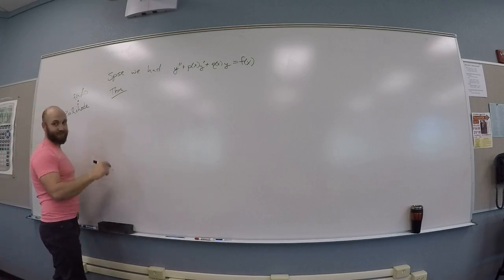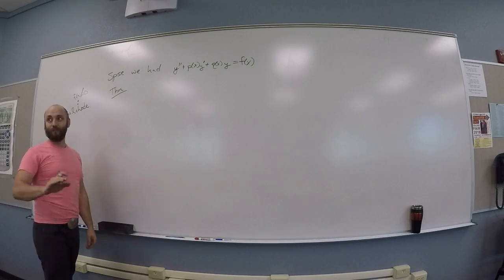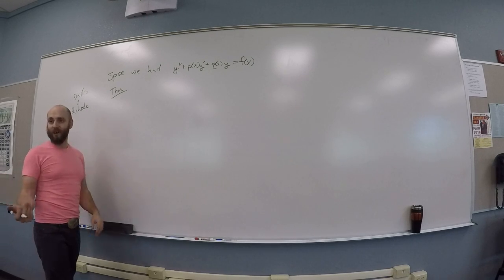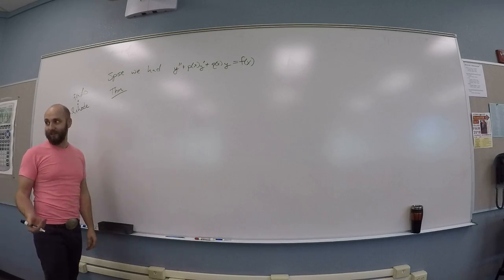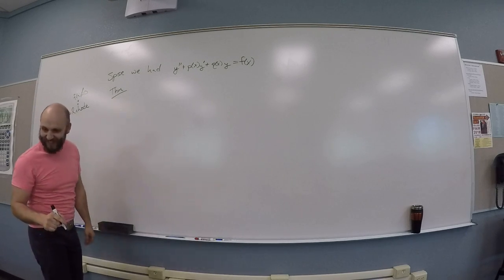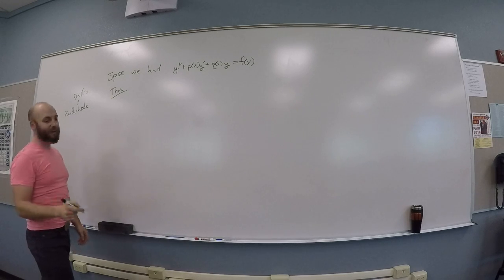Variation of parameters strikes again. We're going to do a couple other things before we get to variation of parameters, but relatively fast, because variation of parameters is still the right answer. It's never wrong.